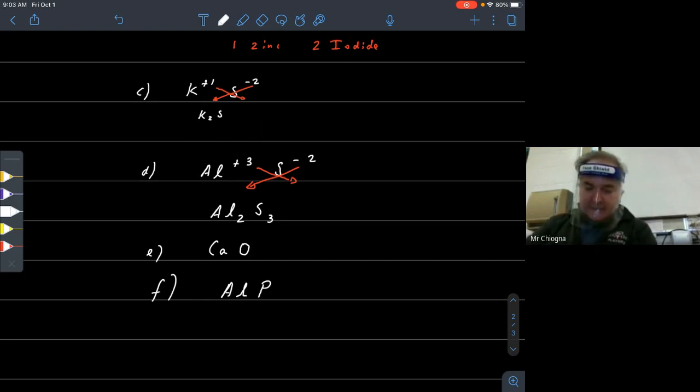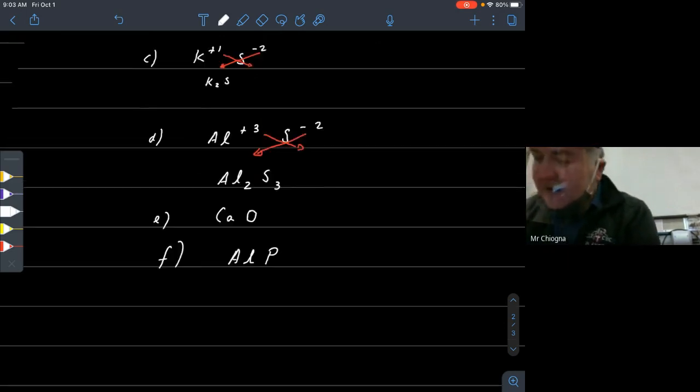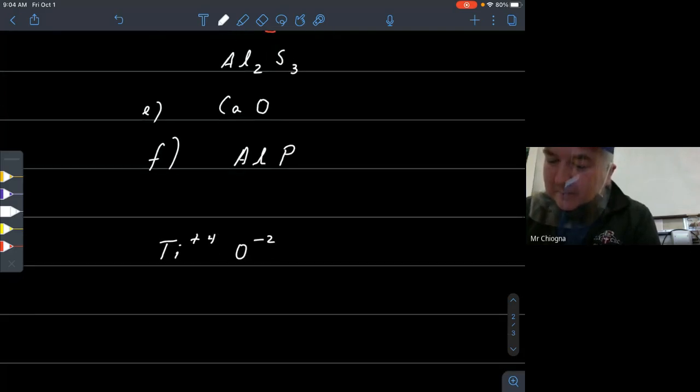Okay. Now, on a side note, if I had this, and it does happen, if I have a 4-2 combination, so that would imply put the 4 there, put the 2 there.